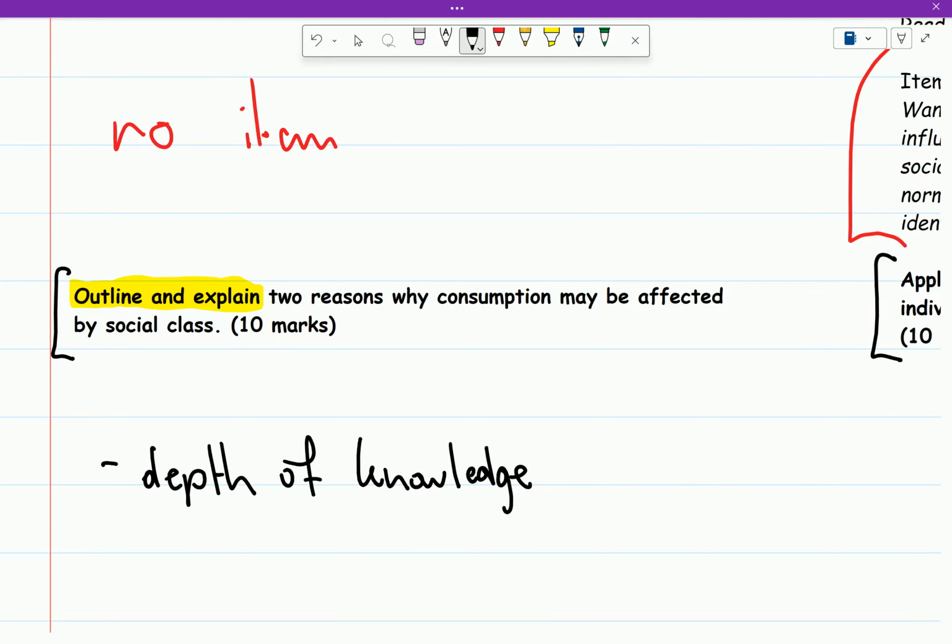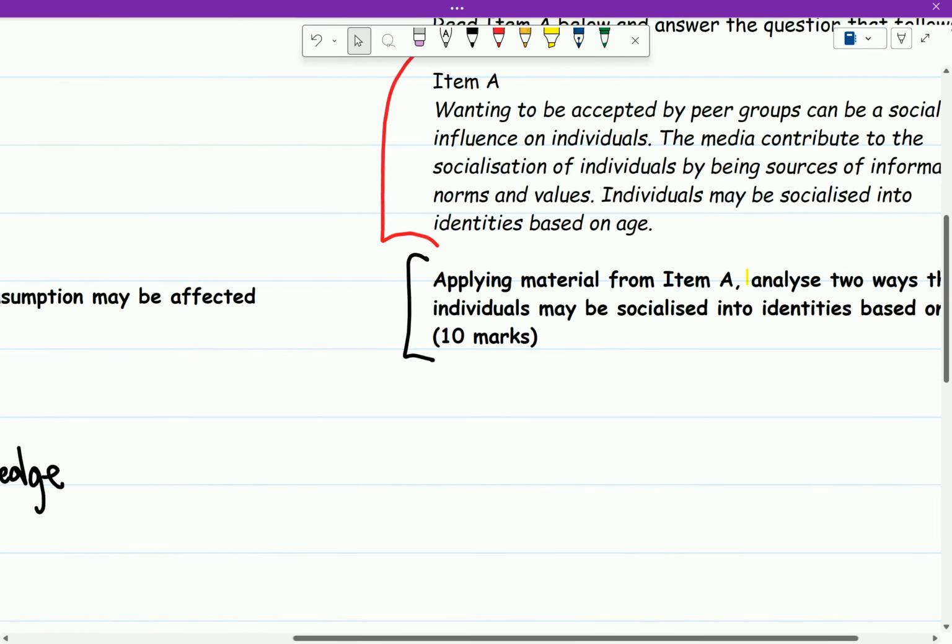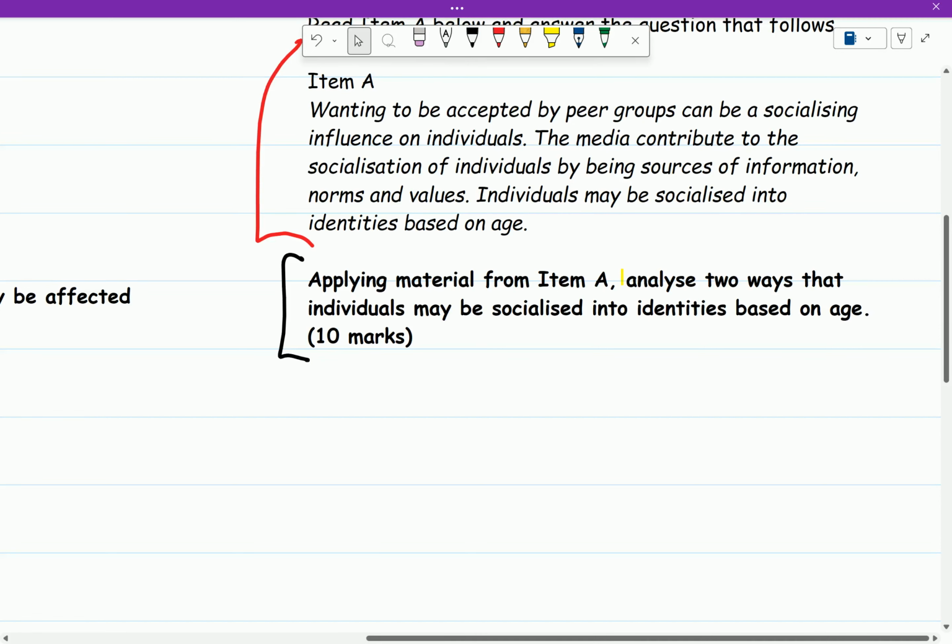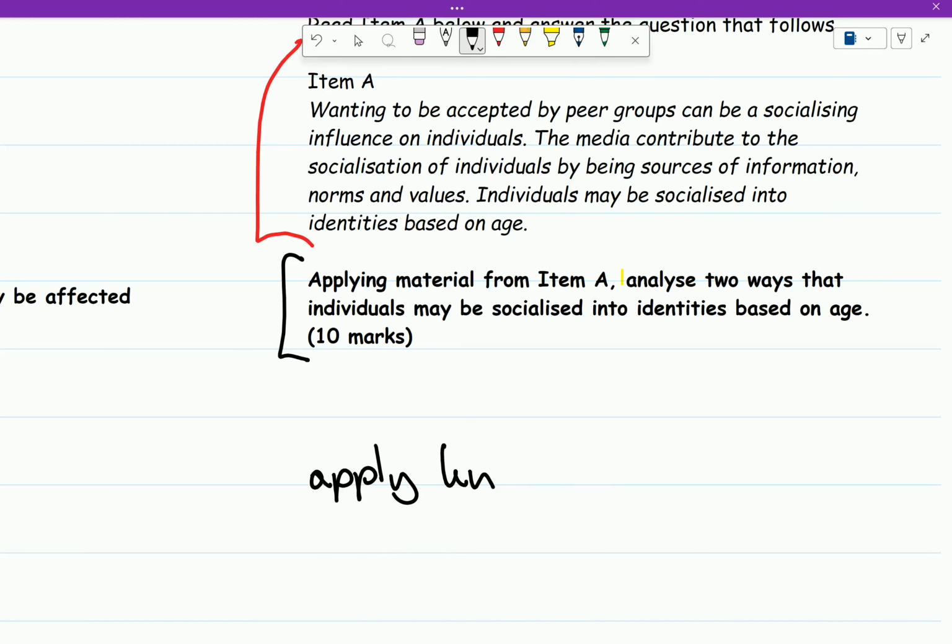Depth of knowledge is what we're being tested on here. While this 10-mark question is testing us on our ability to apply knowledge to a source.